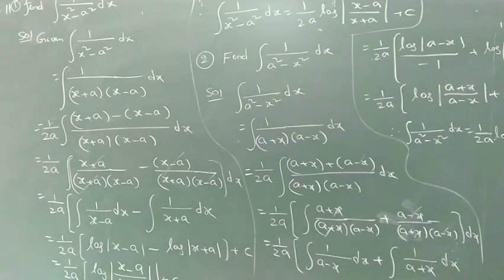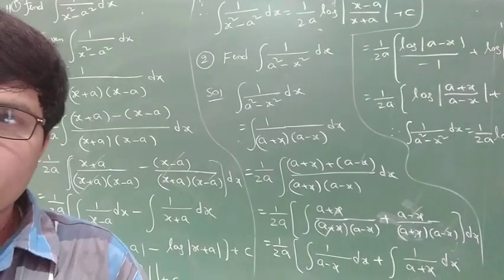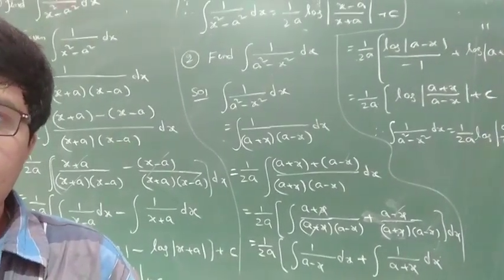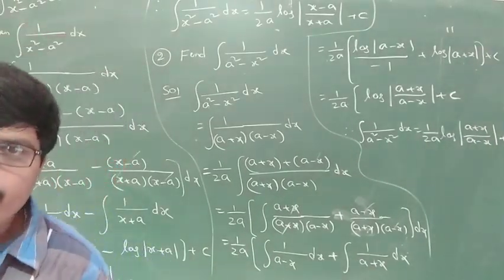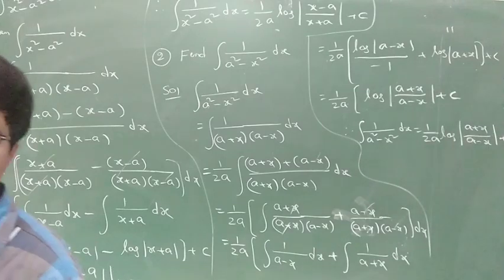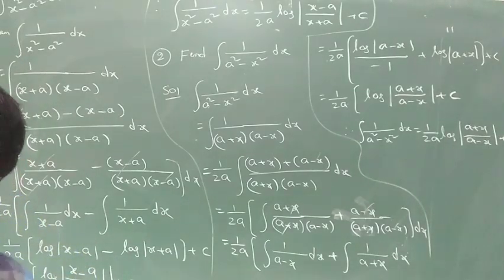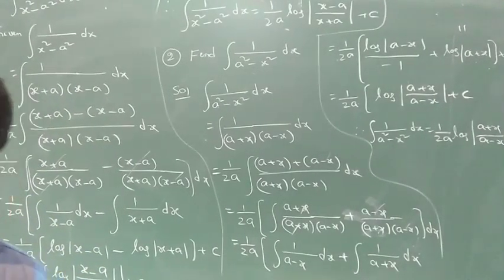Okay, listen carefully once again. Okay, this is the given problem. With the a square minus b square formula, a square minus b square is equal to a plus b into a minus b.